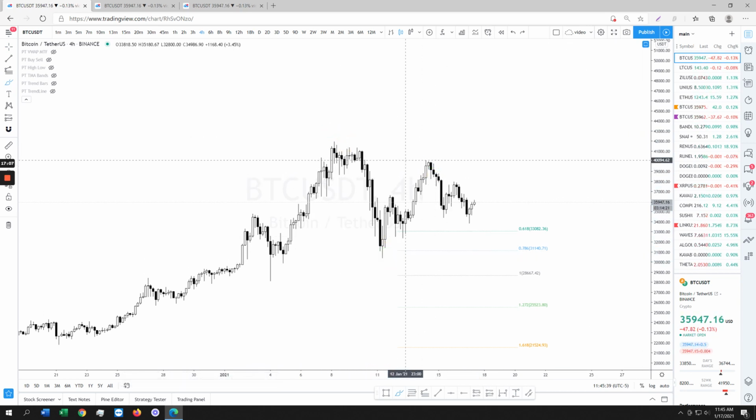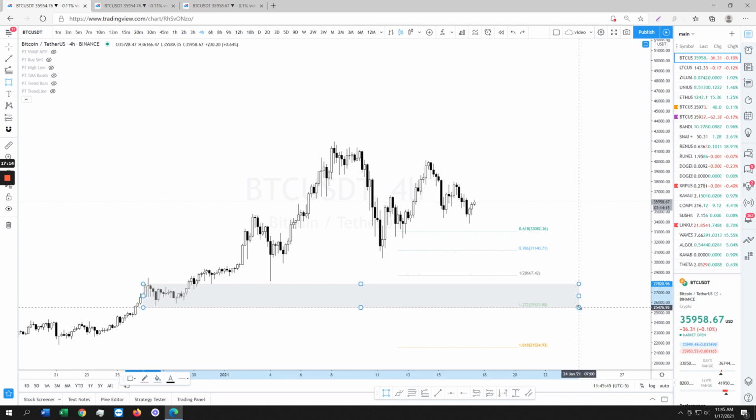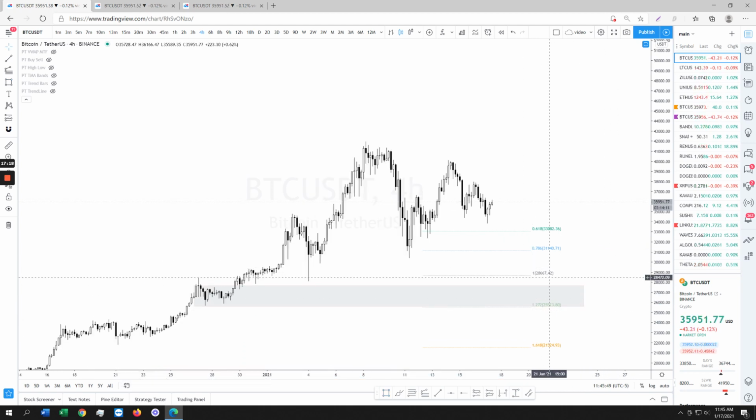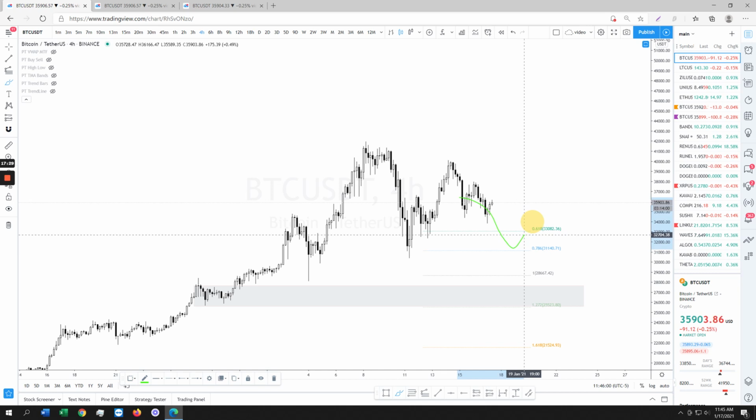And I want you to target down here. This cluster. Now, why am I going so deep? Well, because we've been in this range for so long, probably like a good 3 weeks, I think, or whatnot, that it's not going to just do a small little fake push down and then go back up. It's going to give us a decent move.